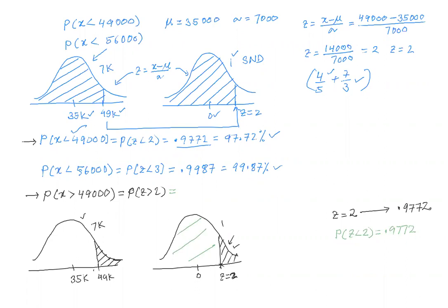Well, if 0.9772 is everything from that point to the left, we still need that little portion on the right. So we have everything on the left. So if we just take the entirety of the graph, which is 100% of it or 1, and subtract it, you will get that small little area that's left over. Thank you, Jessica. That's exactly the explanation.